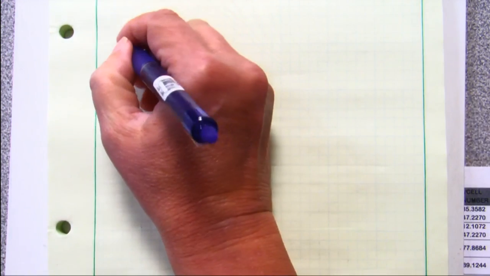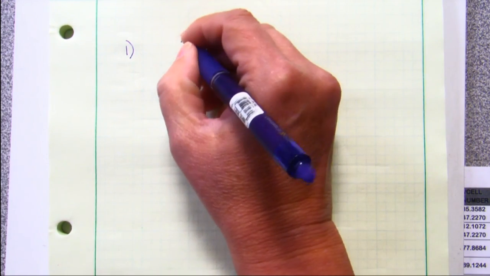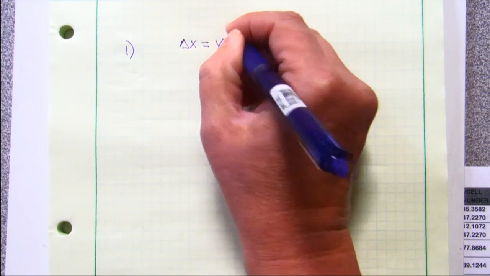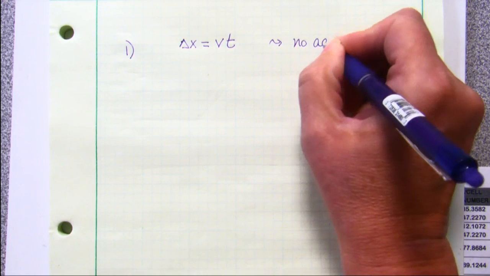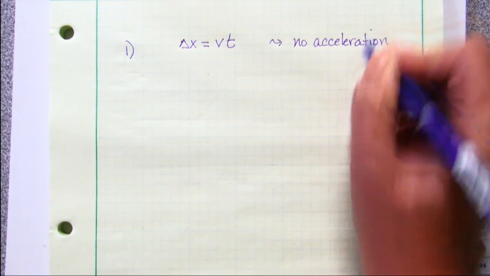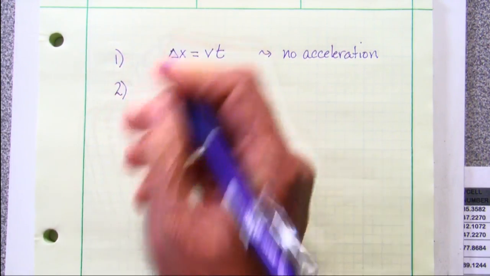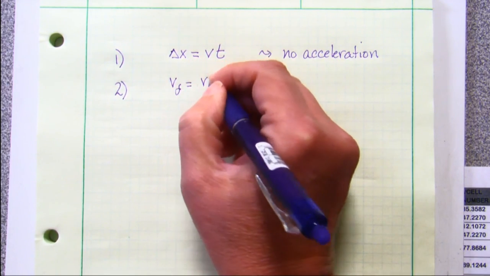Okay, so one of our equations is that my change in x is going to equal the velocity times time, and this is with no acceleration. I'm playing the cruise control game. We have just shown that velocity final is equal to velocity initial.